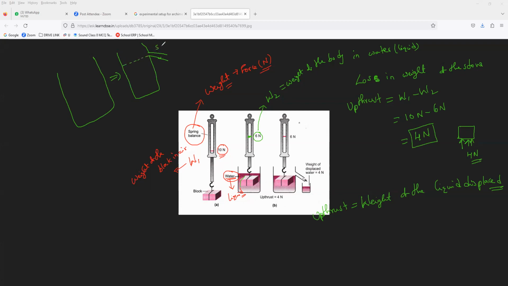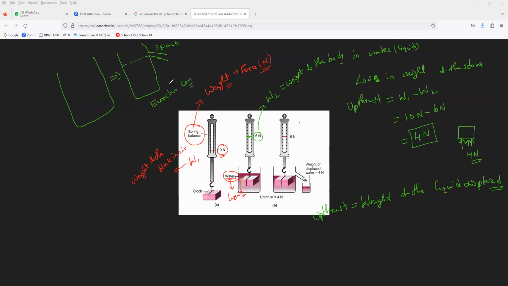That is what we call a spout, and this design is called an Eureka can. Please note it. Eureka.